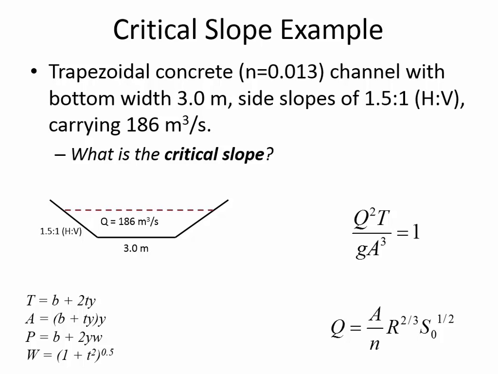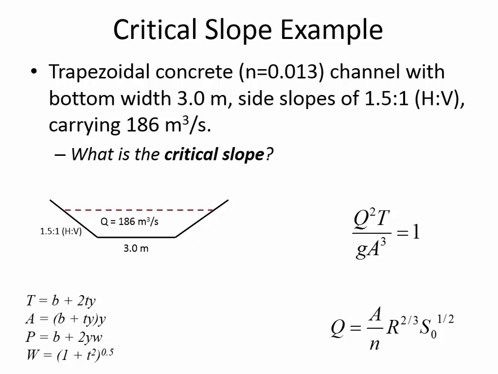Okay, so we need to know some of the shape factors here. For example, the wetted perimeter, P, is going to be 3 plus 2 times the depth, 4.121. And we also need to calculate the factor W. W, remember, is based on the side slopes. So it's 1 plus 1.5 squared to the 1/2 power.